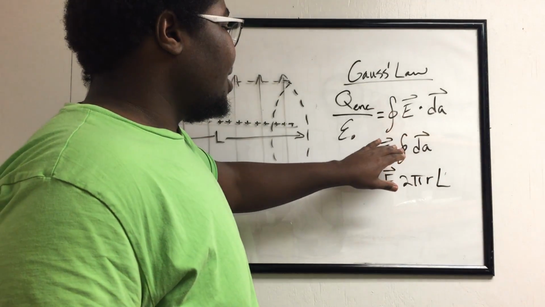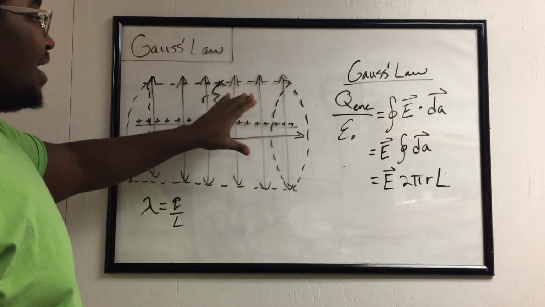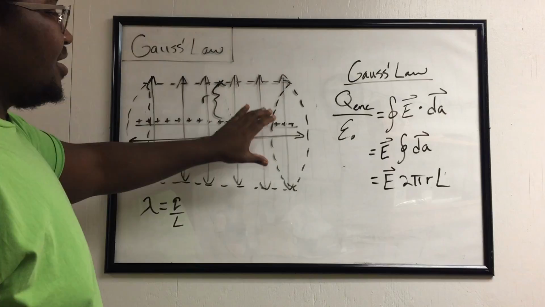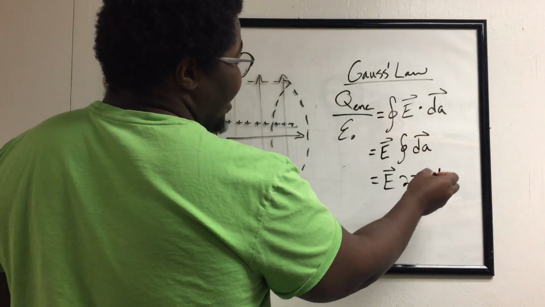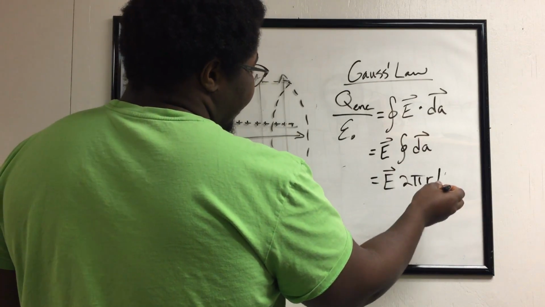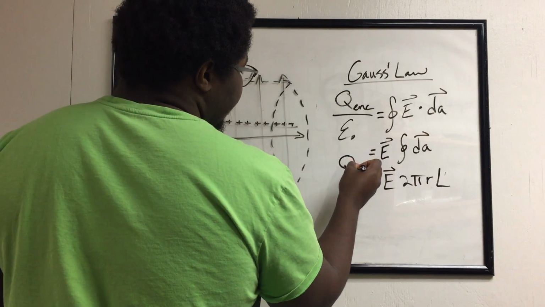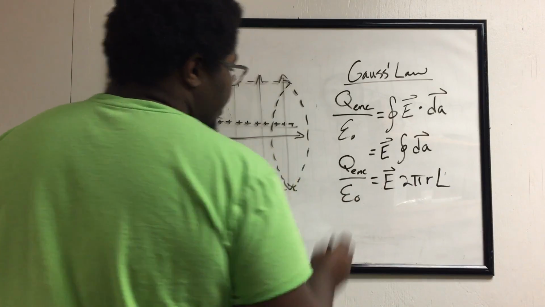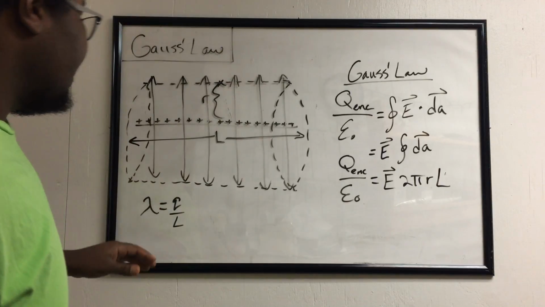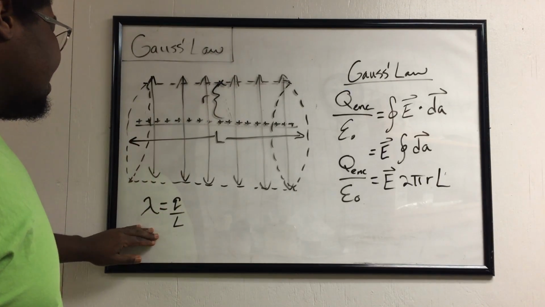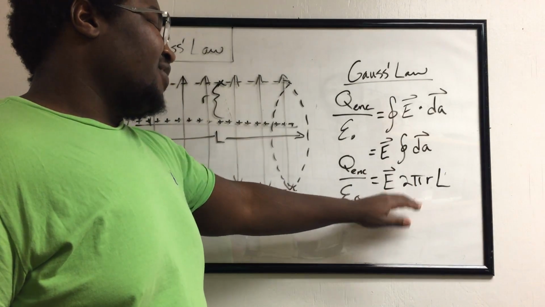There's really no integrating here when you know the formula for the area that you want to use. So our area is going to be 2 pi r times L, and then it's E. So we have that, and this is going to be equal to this. So that's our equation.